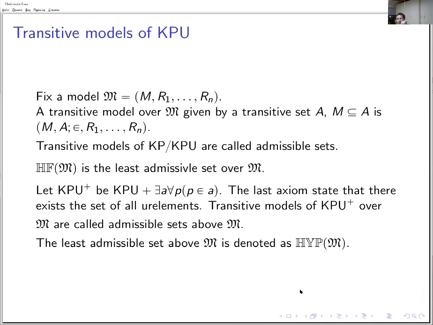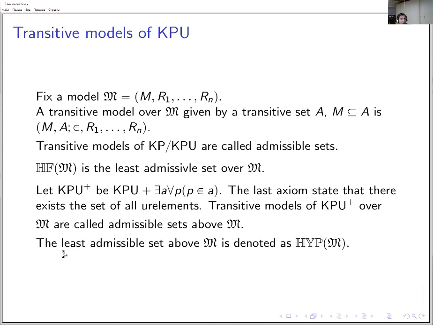The external set of all urelements is an internal set. This is a model of the theory KPU plus, where KPU plus stands for KPU plus the existence of a set such that all urelements are elements of the set. This is called an admissible set above M.